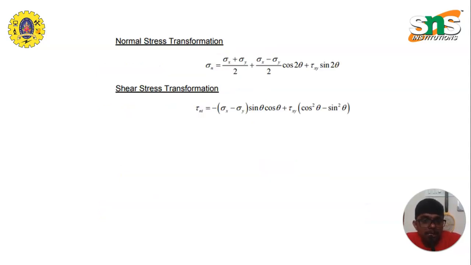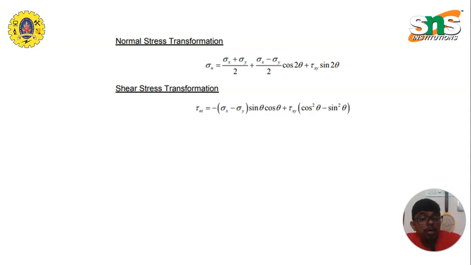The normal stress transformation can be calculated using the relation sigma n is equal to (sigma x plus sigma y) divided by 2, plus (sigma x minus sigma y) by 2 into cos 2 theta plus tau xy into sin 2 theta.